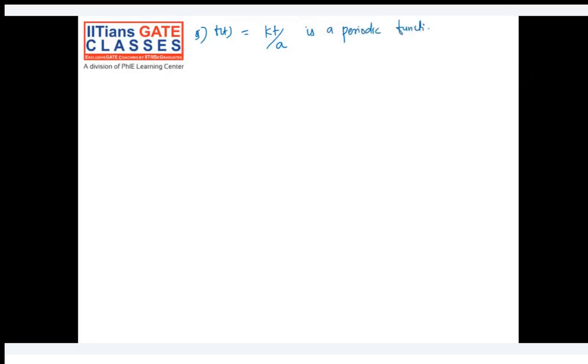A periodic function repeats itself after a period of a. So basically this function is something like this, then again it is repeating like this, then again repeating like this.